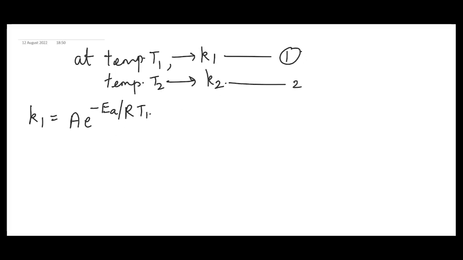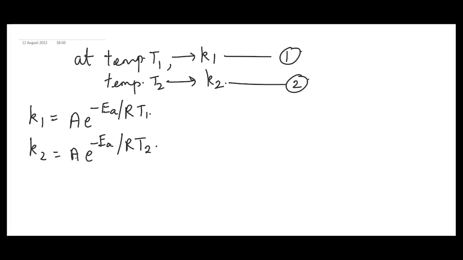Now, for the second condition, similarly, we write the Arrhenius equation. We get K2 is equal to A e power minus EA by RT2. Here one important point to be noticed is that the value capital A doesn't change because it is the frequency factor.